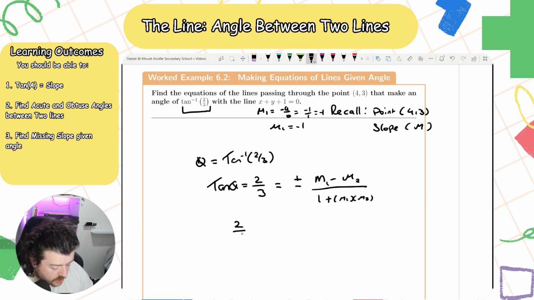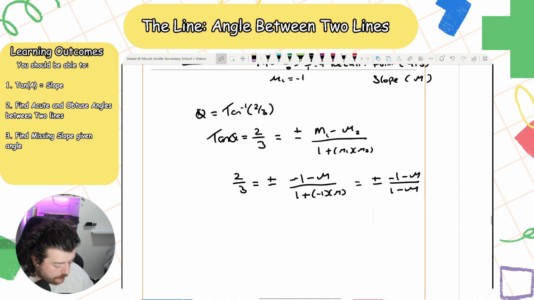So I'm going to have 2/3 is equal to plus or minus, with m1 as minus 1, so minus 1 minus m all over 1 plus minus 1 times m, which is plus or minus minus 1 minus m all over 1 minus m.